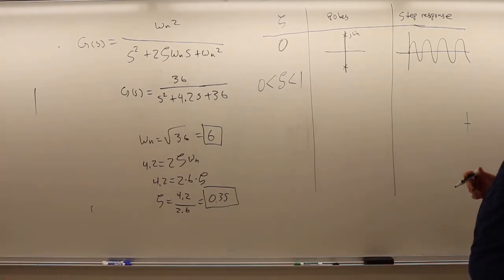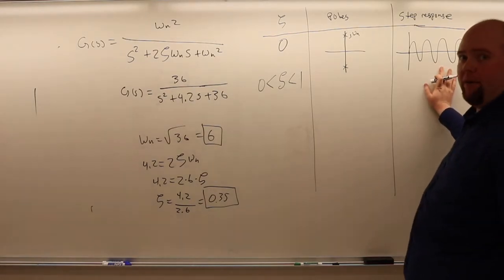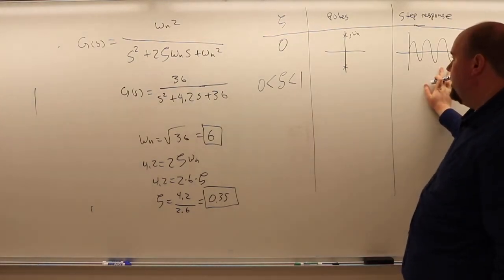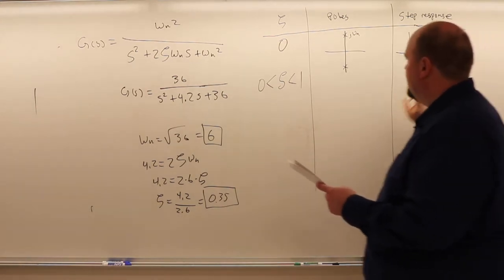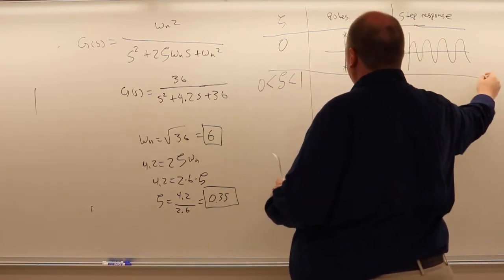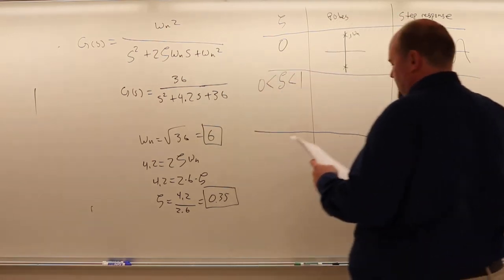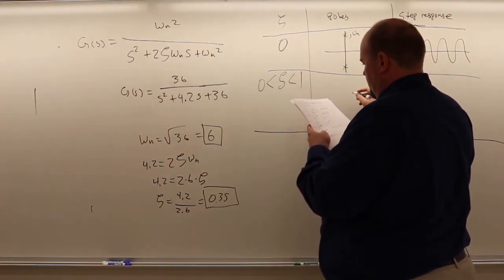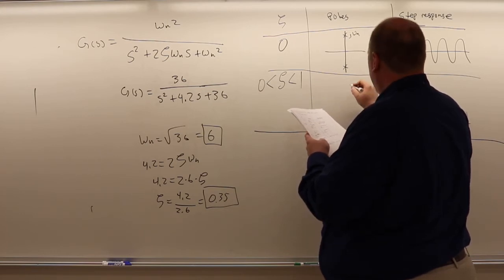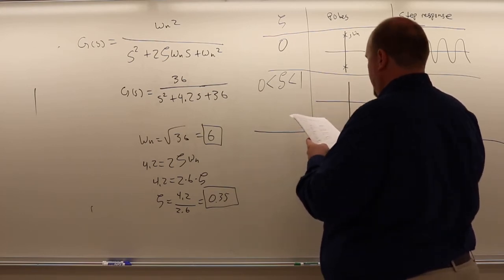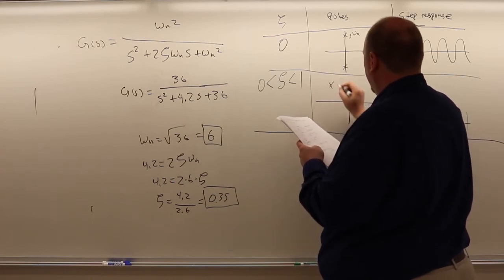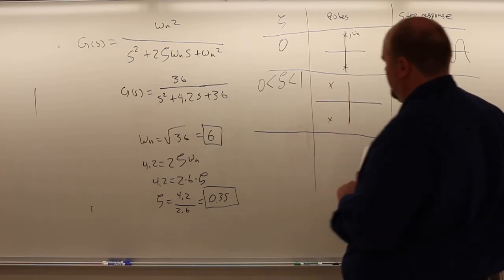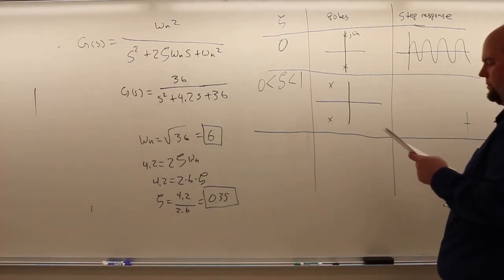What about when we have a damping ratio that is in between 0 and 1? You can imagine as we start to add damping to the undamped response, we are going to start to get an underdamped response to this system. So in the case of the underdamped response, we're going to have complex poles.